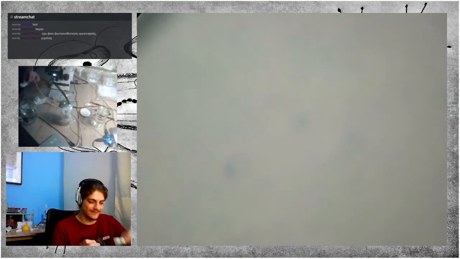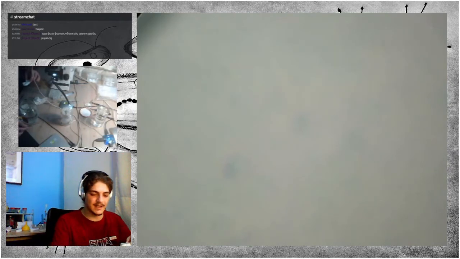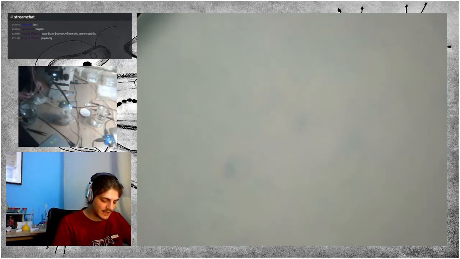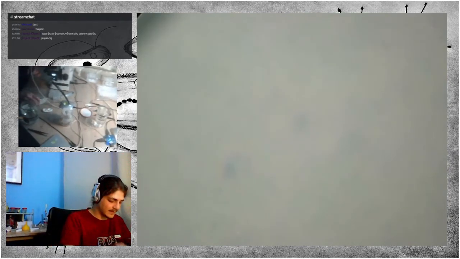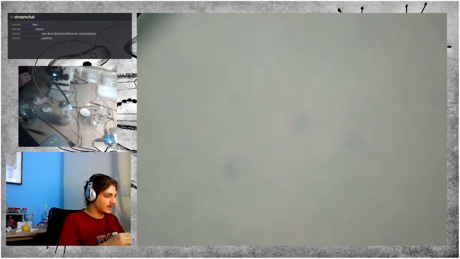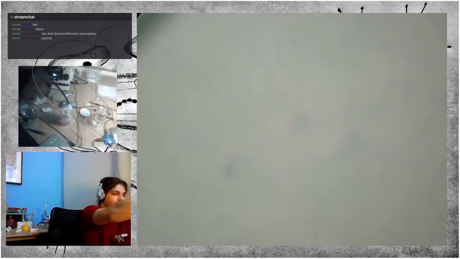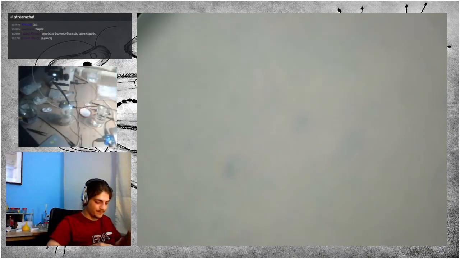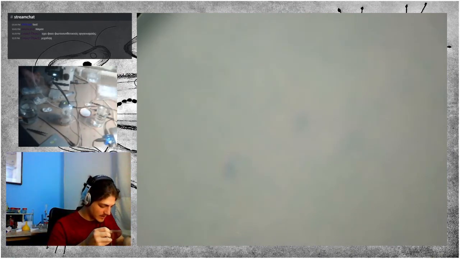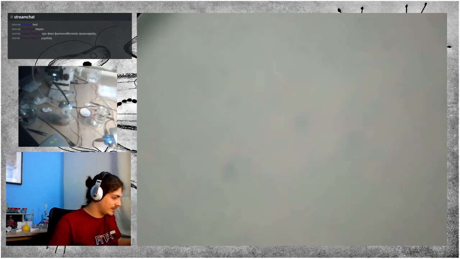For example, I have a contact lenses case, an old one that I'm not using. So now I'm going to store it in one of the humidity chambers, and I'm going to make the next sample, the next slide.